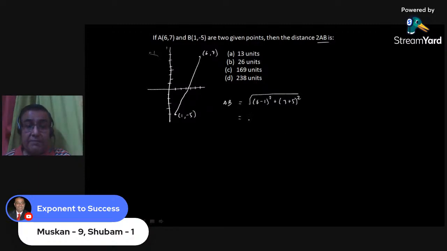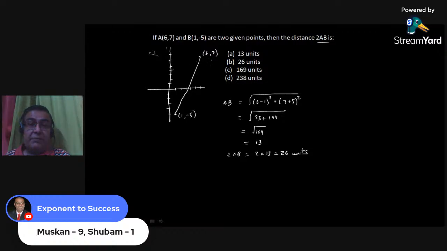That will give me square root of 6 minus 1 is 5 and 5 square is 25, and 7 plus 5 is 12. 12 square is 144. So 144 plus 25 gives me 169 and the square root of that gives me 13. So AB is 13. So therefore 2AB will be equal to 2 times 13, which is equal to 26 units.